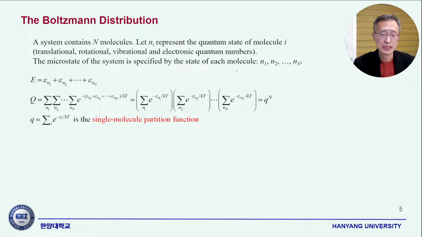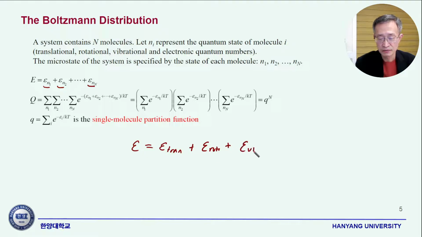There are n molecules, and each molecule has an energy epsilon: epsilon first, epsilon second, up to epsilon n. Each epsilon is a translational plus rotational plus vibrational plus electronic energy, just like that.